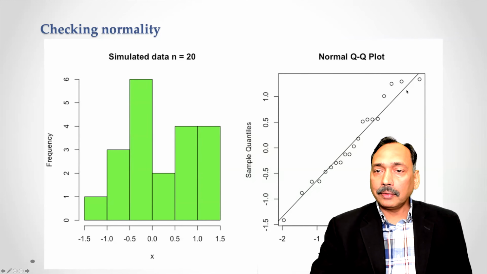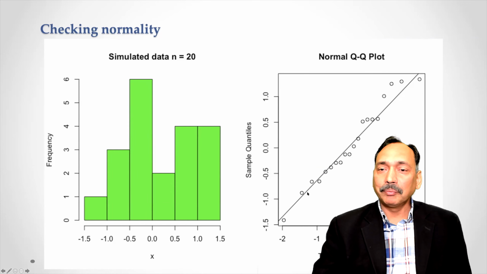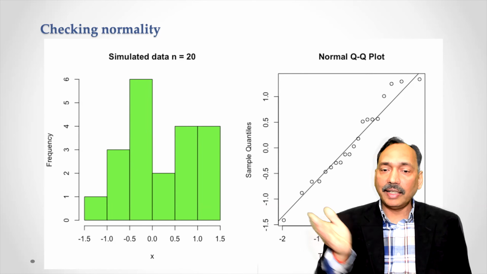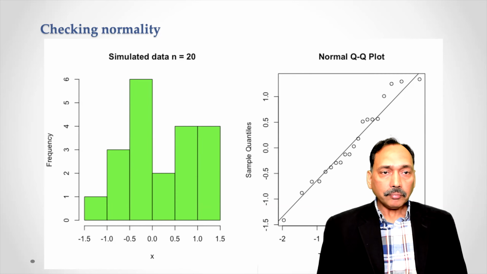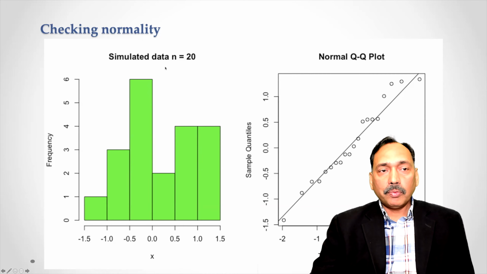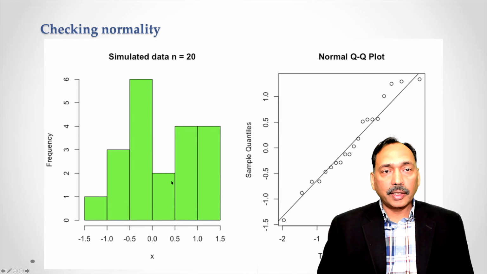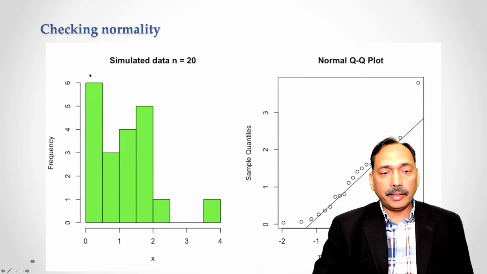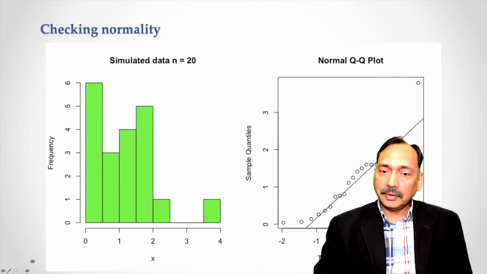But that's where normal probability paper or this QQ plot comes in handy, and you can see those data points are hugging the straight line consistently. But this one was generated from random normal distribution, and next one I used clearly exponential distribution, and you can see how there is some kind of curve appearing on the normal probability plot.